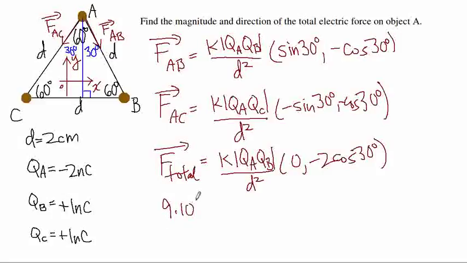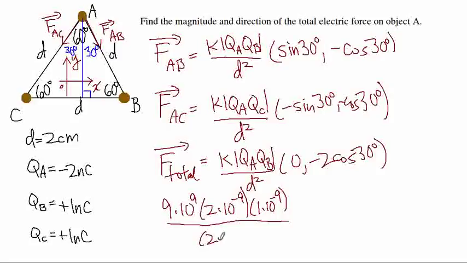So 9 times 10 to the 9 times Q_A, the absolute value, so 2 times 10 to the minus 9, and Q_B, 1 times 10 to the minus 9, divided by d squared, so 2 times 10 to the minus 2 squared, and 2 times cosine of 30 degrees, and the cosine of 30 is root 3 over 2.